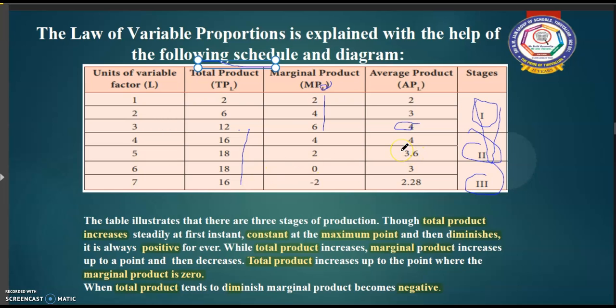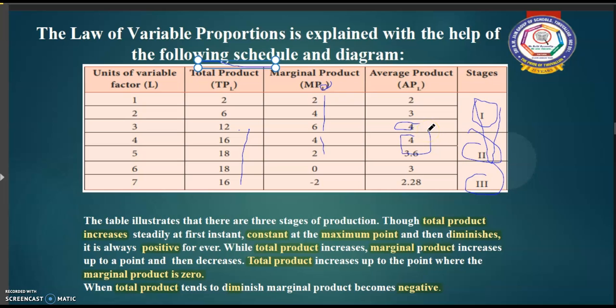Now if we move to stage 2, in the second stage, marginal product of labor decreases up to 6th unit of labor. At 4th unit of labor, MPL, that is marginal product of labor, is equal to average product of labor.